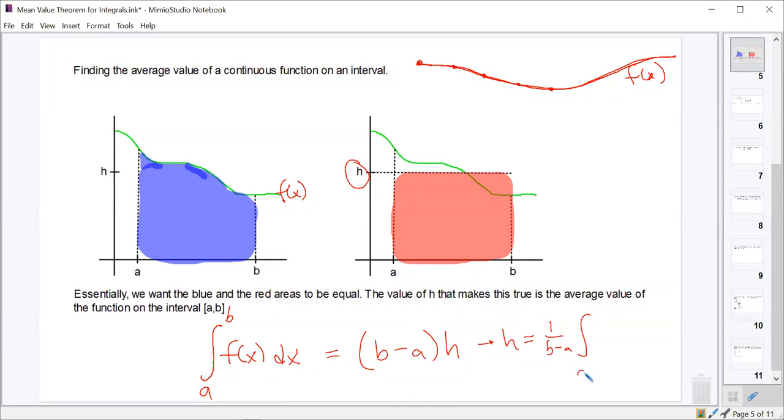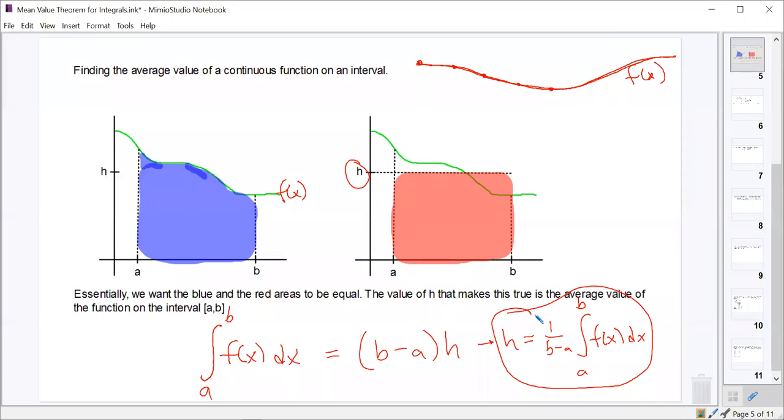Or usually we write it as 1 over b minus a times the integral from a to b of f of x dx. And this is what we call the mean value theorem for integrals, or the average value theorem for integrals. This will always tell you the average value of the function f of x between a and b. Everybody good with how we developed that?